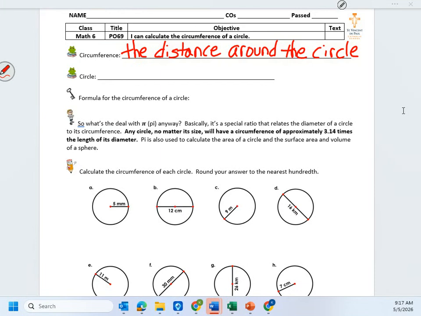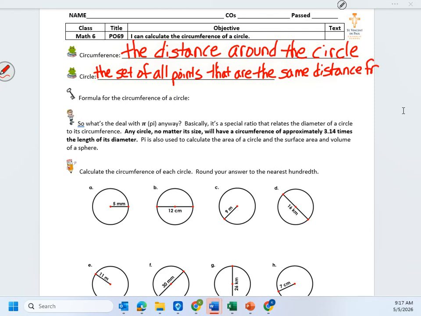So, the circle is the set of all points that are the same distance from the center.